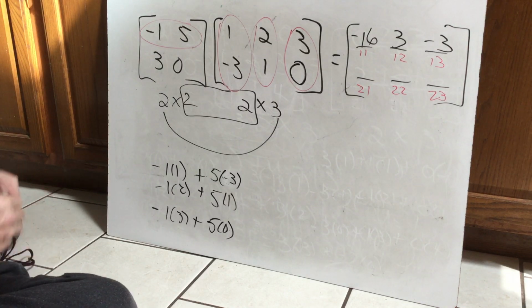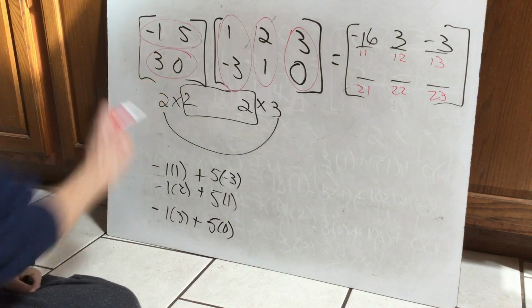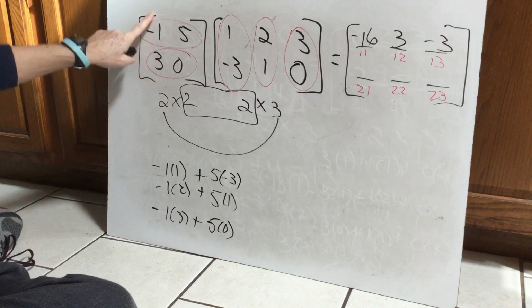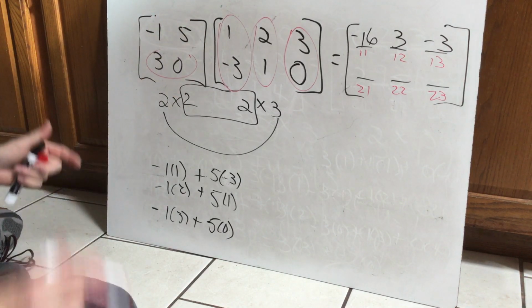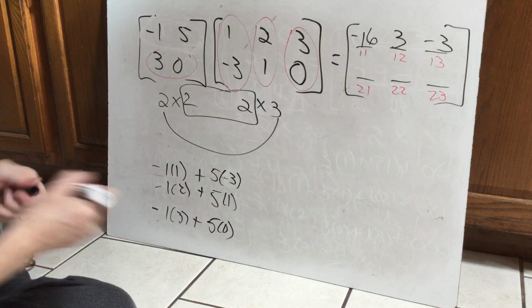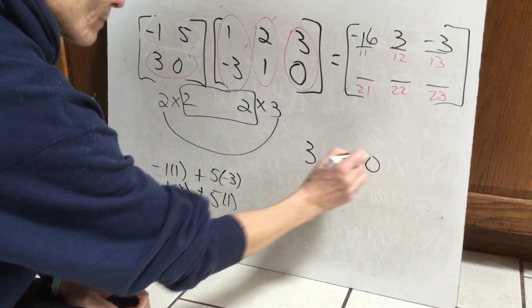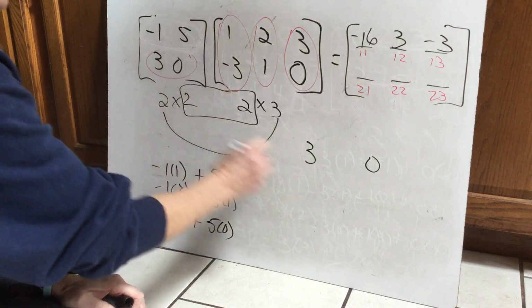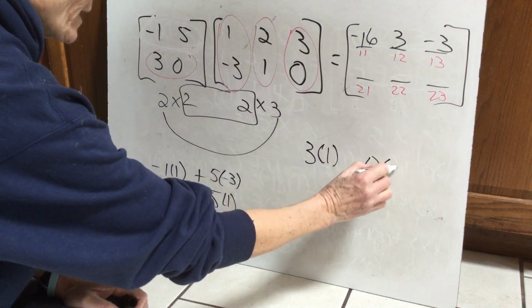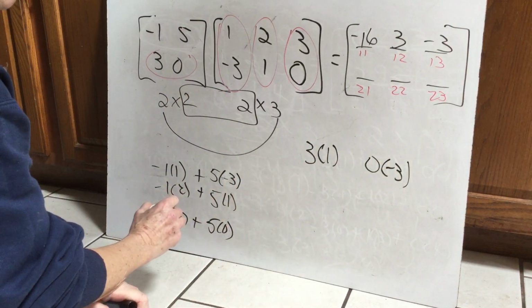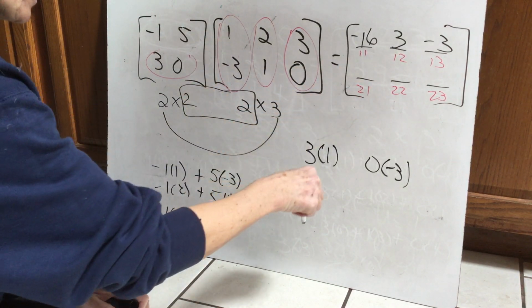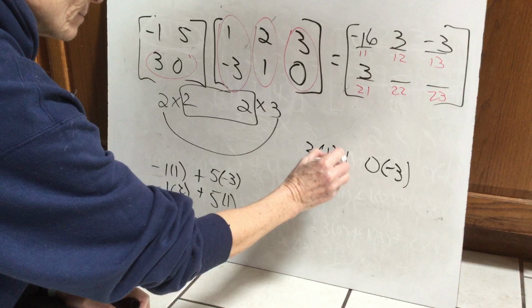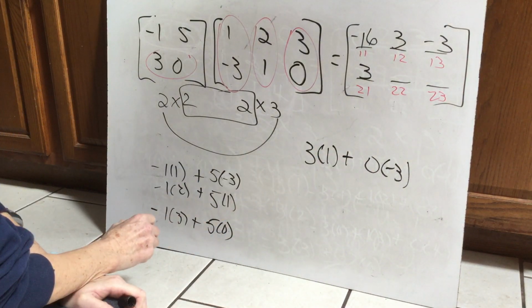Now I'm going to move on down to my second row. I'm going to multiply my second row, which is the numbers 3 and 0, times the first column, which is 1, negative 3. Second row, first column. And that's 3 plus 0, so 3.